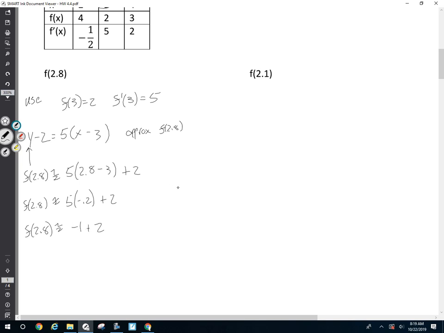We need to be able to do these calculations by hand. You can do it like this: 5 times 2 is 10, you've got a decimal place, and the negative. So negative 1.0 plus 2 is 1. f of 2.8 is approximately 1.